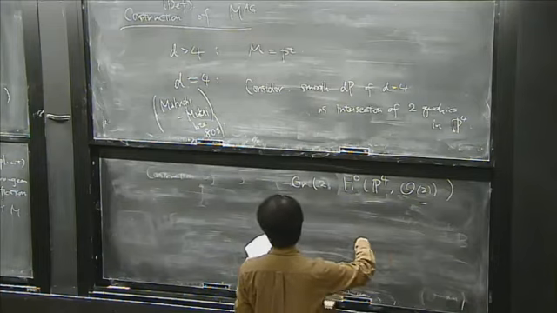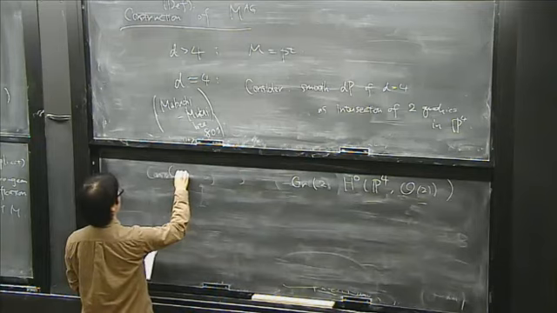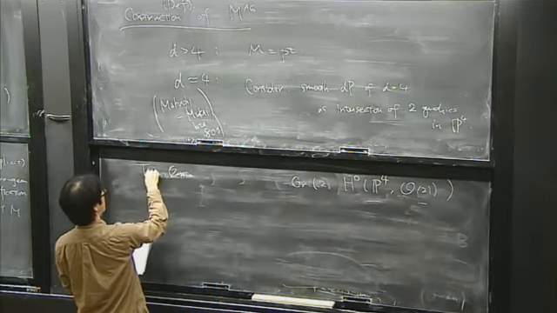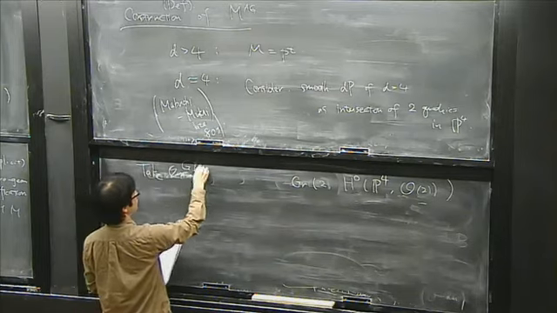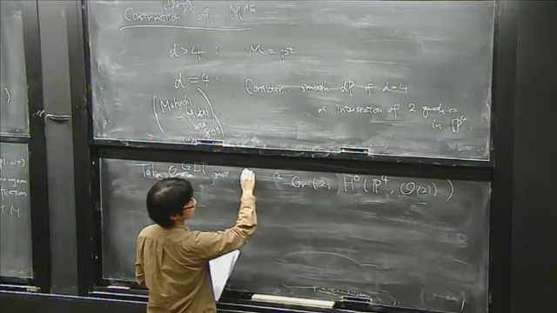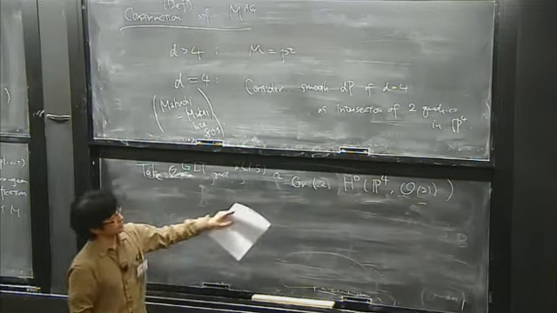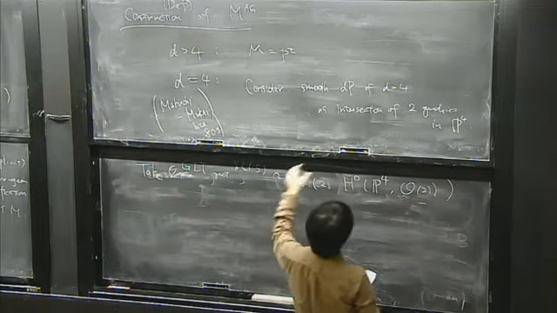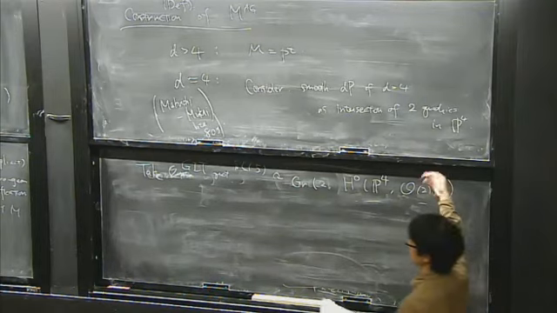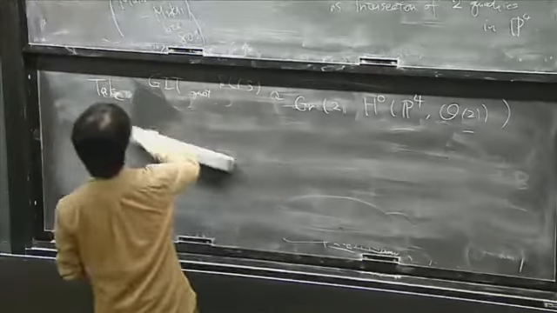So take the GIT quotient of this with respect to the natural action of SL5, because just rotating inside P4 doesn't change the surface itself. So consider the GIT quotient of this one. Then that is what we want.